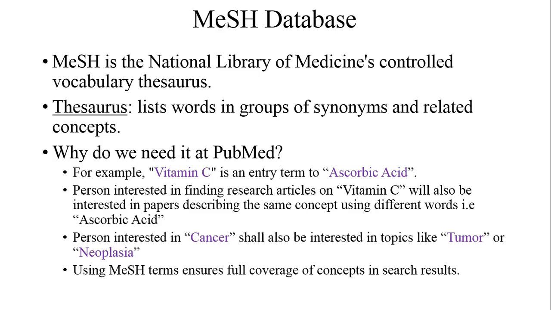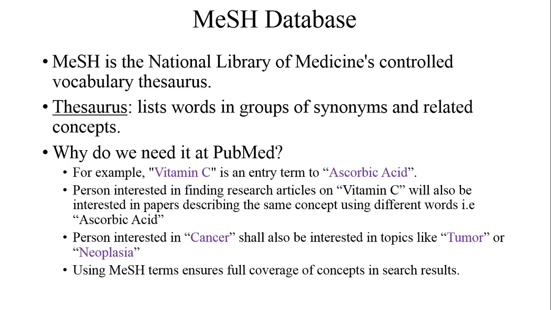Okay, another example I would like to cite is that if a person is interested in cancer, he or she shall also be interested in topics like tumor or neoplasia, right? Because cancer is usually associated with tumor, it is also called neoplasia. Therefore when you have such closely related or synonymous words coupled to each other, the user would be able to fetch those articles which do not have the specific words per se but have a similar meaning.